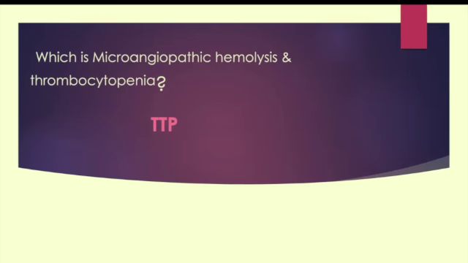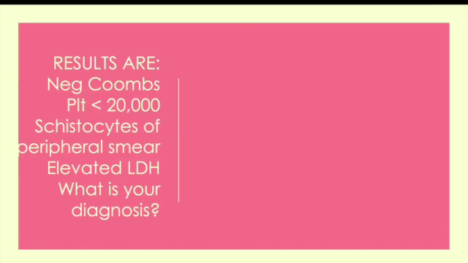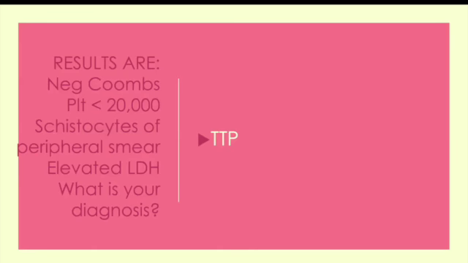TTP again? If you had a negative Coombs, platelet counts less than 20,000, schistocytes on the peripheral blood smear, and elevated LDH, I think we know. TTP.